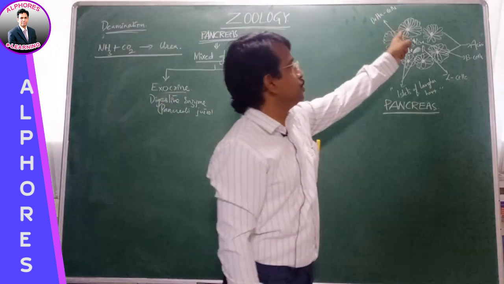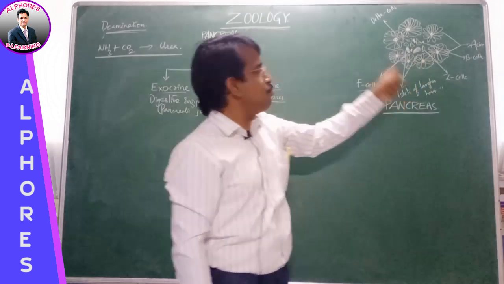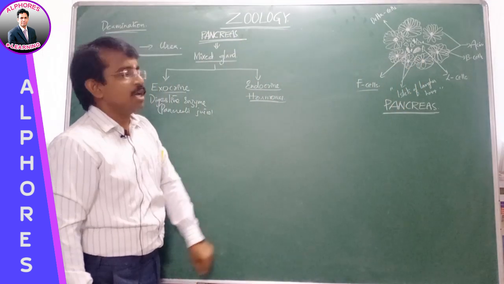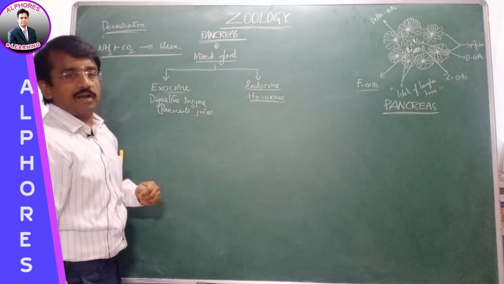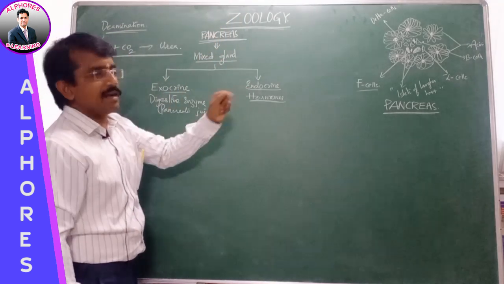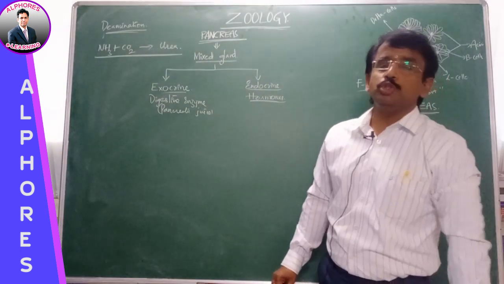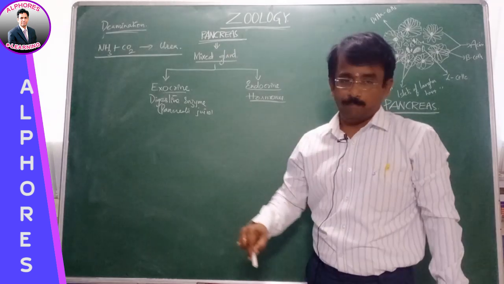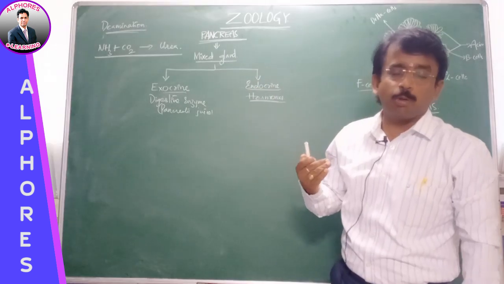So digestive juice secreting is exocrine, hormone secreting is endocrine. That's why it is a mixed gland, both exocrine and endocrine. It is pink in color and located in the duodenum loop, below the stomach.